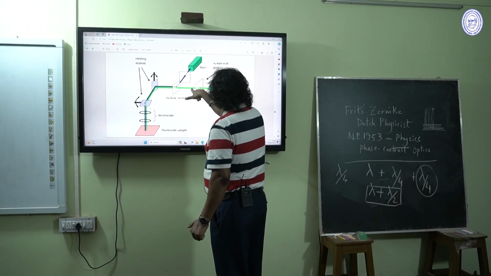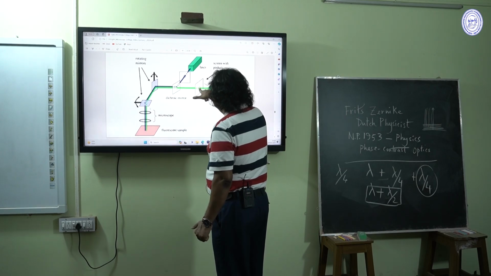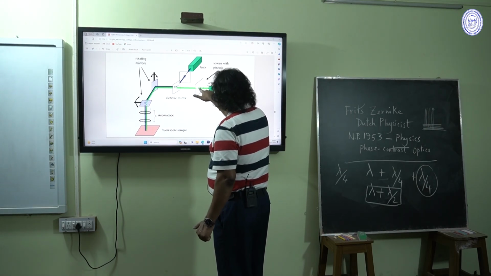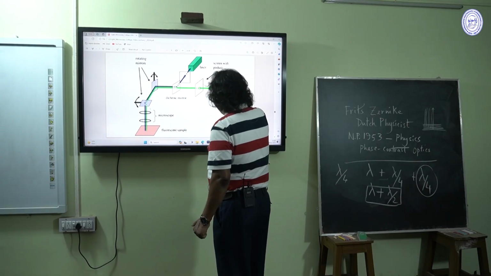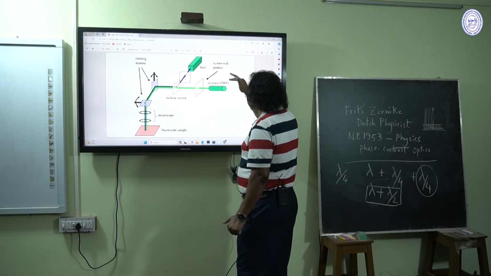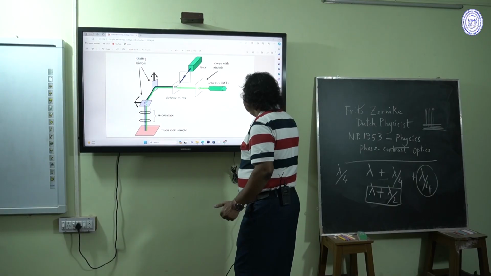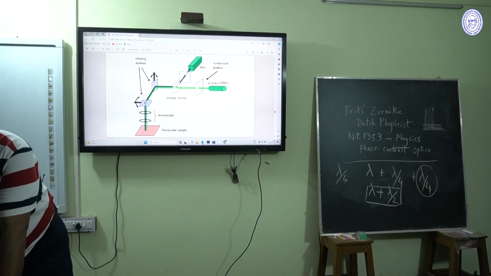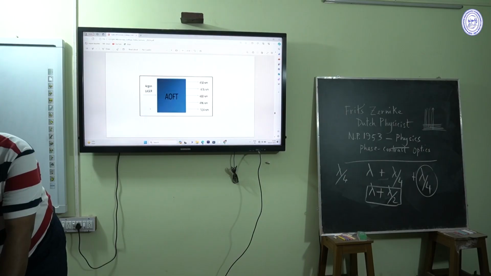Only the light that has the conjugate focal plane onto the pinhole will pass and form the image that is detected by PMT. This is the basic working of the confocal microscope.